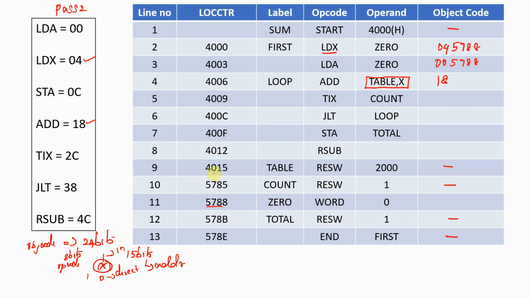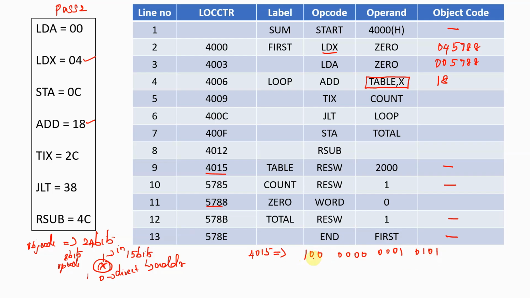The TABLE value is available at 4015. So how do we represent 4015? 4 is represented with 100, and then 0 with 000, then 1 with 001, and then 5 is represented.